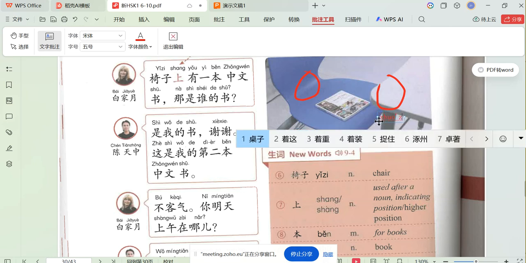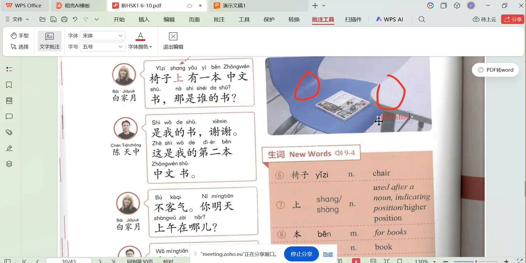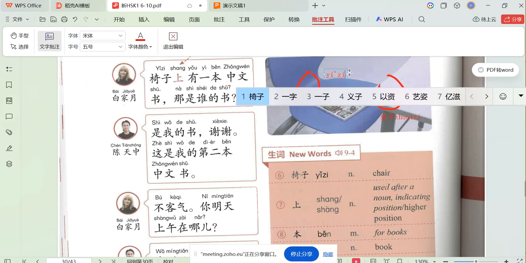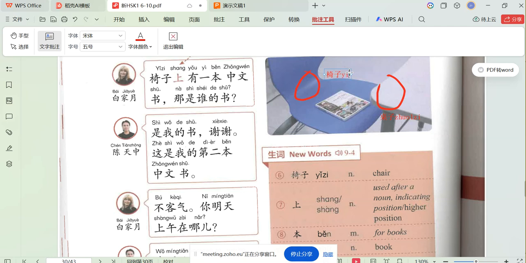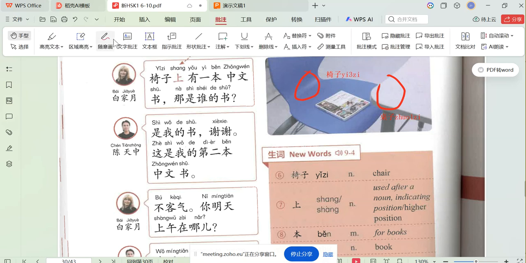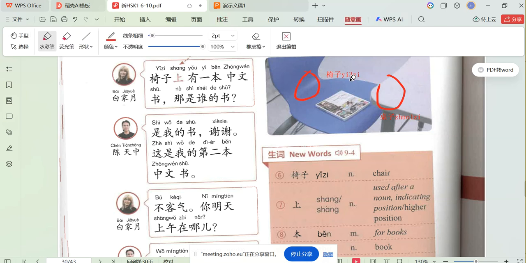Yes, table is 桌子。很好, very good. 桌子,桌子. And chair is... Chair. Okay. 椅子,椅子.